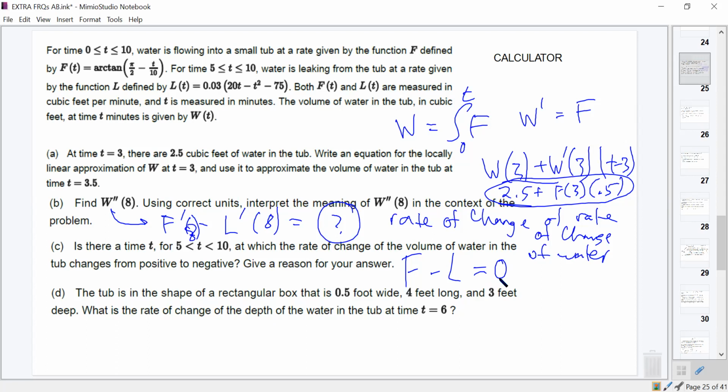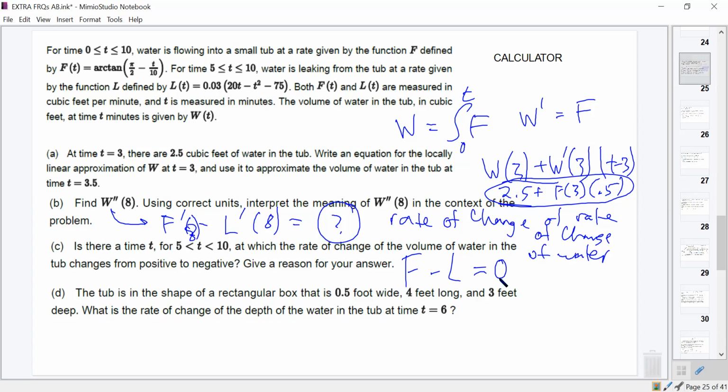And then part D tells us that the tub is in the shape of a rectangular box, 1/2 foot by 4 feet by 3 feet. We want to know the rate of change of the depth of the water in the tub at t equals 6. So the depth of the water is not something that we really need to concern ourselves with, because we're just looking at the rate of change of the depth of the water.